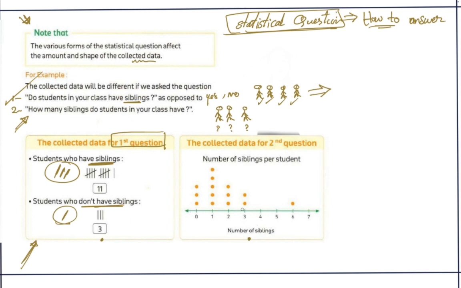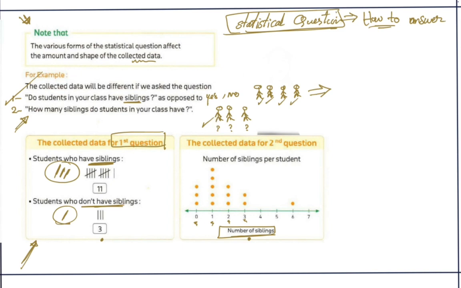As you see, the number line: 0, 1, 2, 3, 4. These numbers indicate the number of siblings. Maybe you don't have any siblings, 0. Maybe another one has just one sibling, or 2, or 3, or 4, and so on. Now, I will ask the first one, how many siblings do you have?